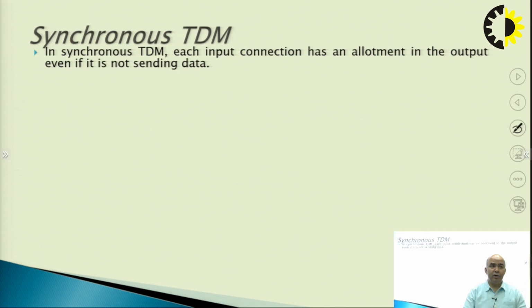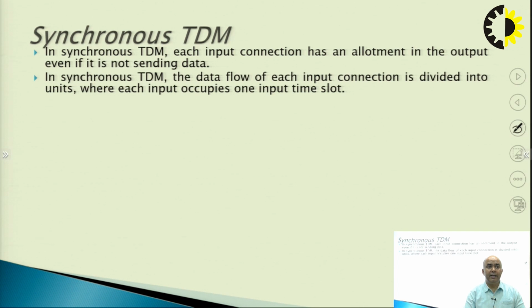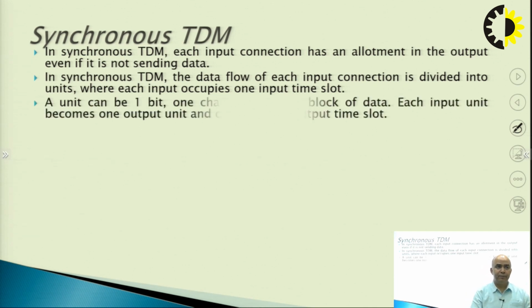So in synchronous TDM, each input connection has an allotment in the output even if it is not sending data. In asynchronous TDM, the data flow of each input connection is divided into units, where each input occupies one input time slot.